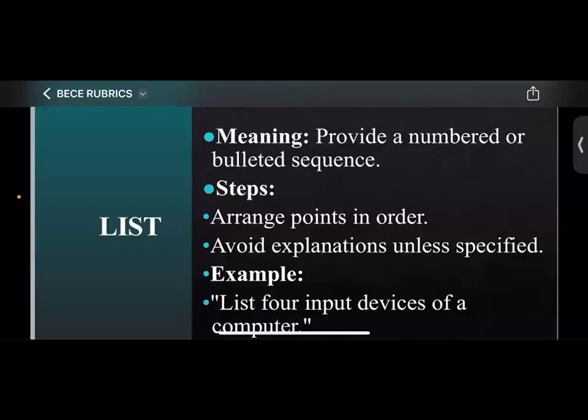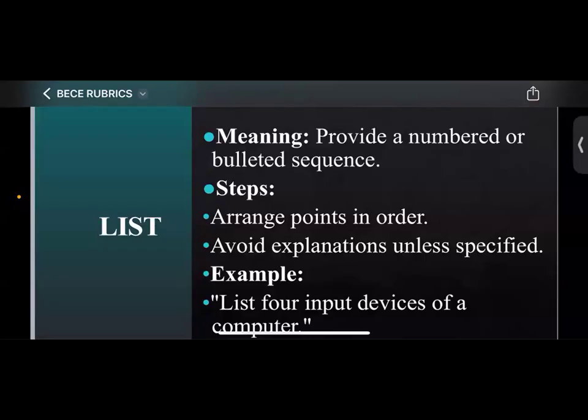So you could be asked, list and explain. So then you can write 1, Mercury, then you bring a colon. The colon is what you see after the steps. So after the steps, you see 2 dots, one at the top and then the other down. Then you can explain if it is list and explain. But if you have been asked to list, you just arrange your points in order. 1 this, 2 that.